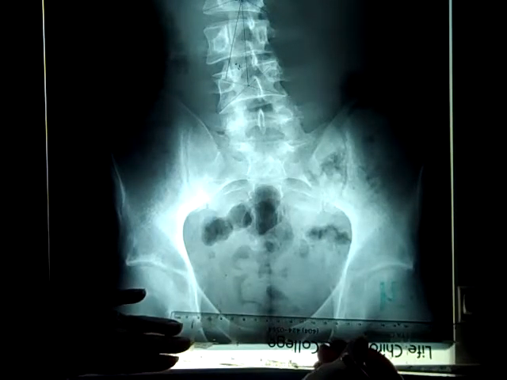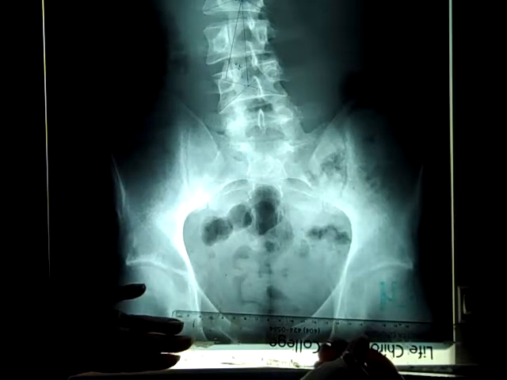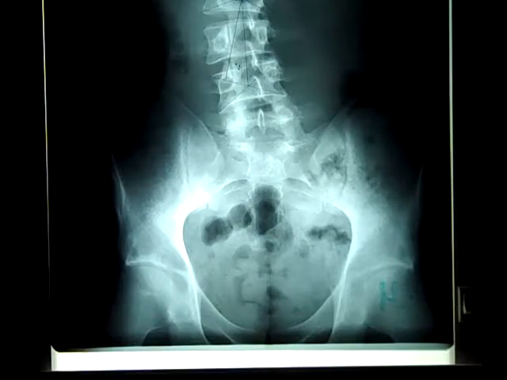So I probably would move up just a little bit higher right here, and I would be about 11 millimeters. That's good because normal range is 6 to 11 with an average of 9.